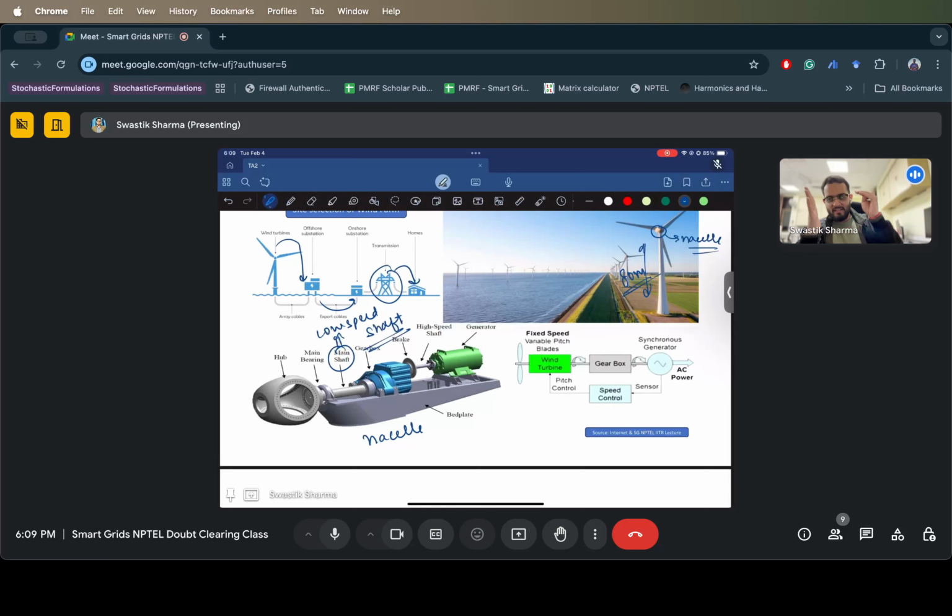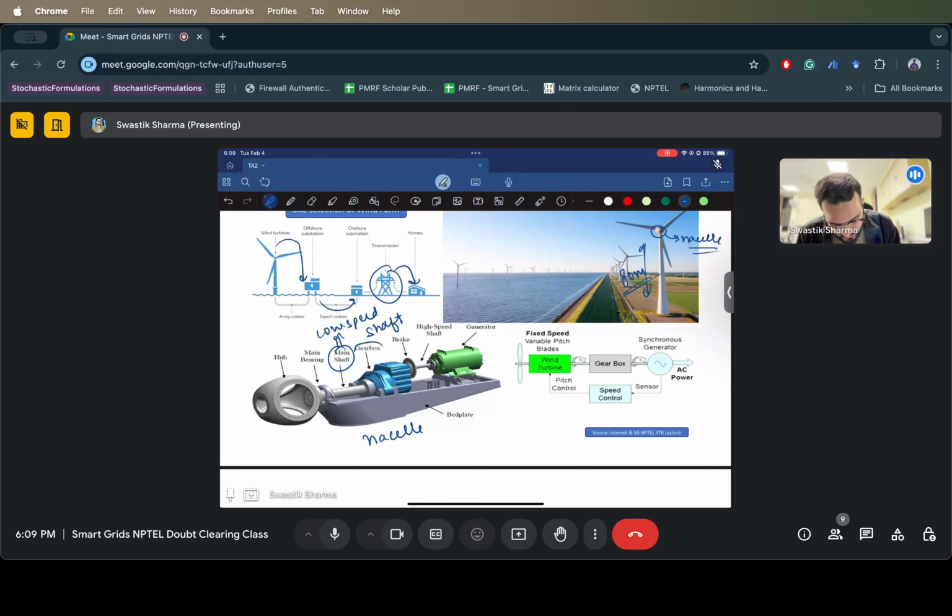The pitch of the blade is such that the mass of air coming to it attacks it and it starts rotating. Something should be there to absorb the high impact of this wind, so that comes onto the low speed shaft or the main shaft. It feels the brunt of this movement.